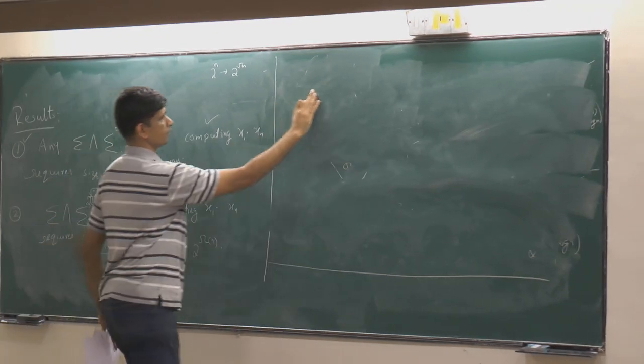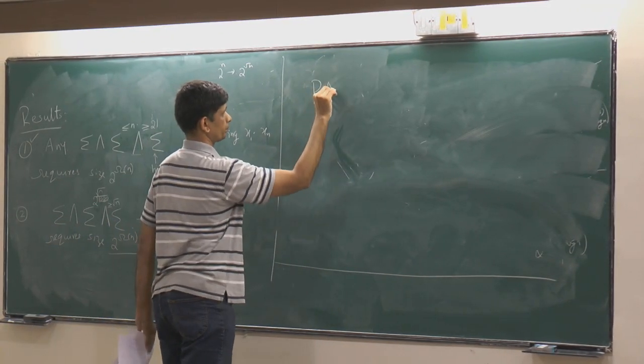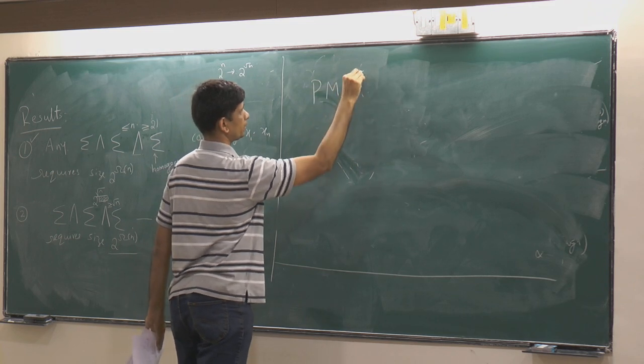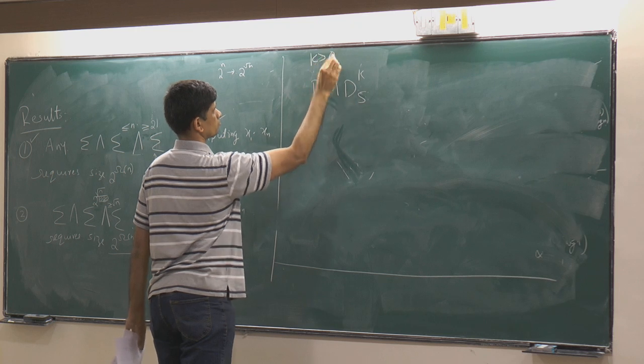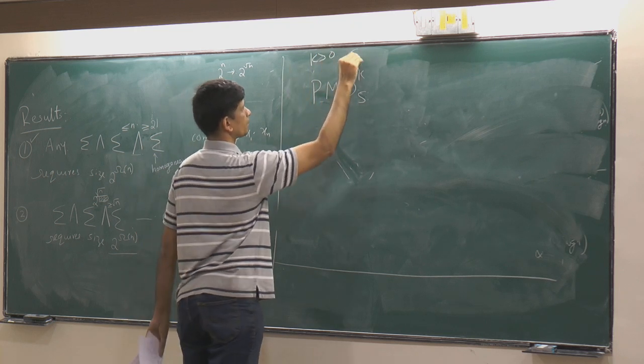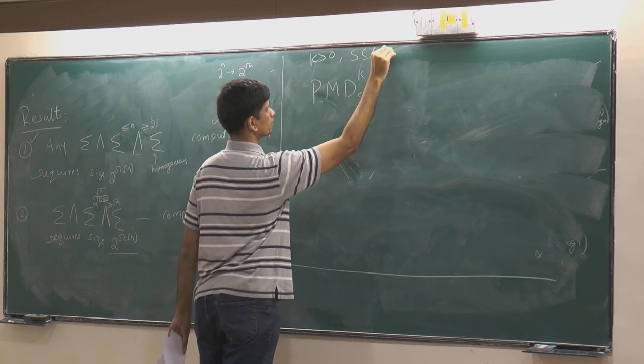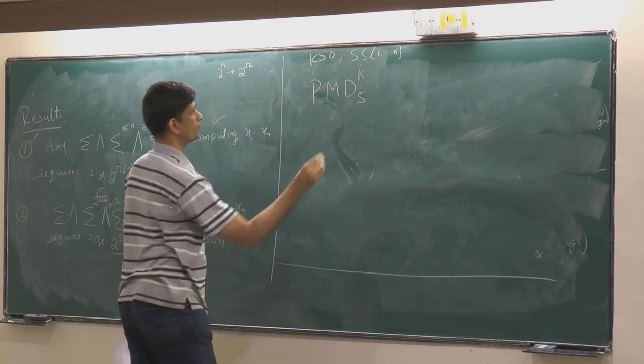Now the measure is defined as EMD_{k,S}. k is an arbitrary number, S is a subset of 1 to n.